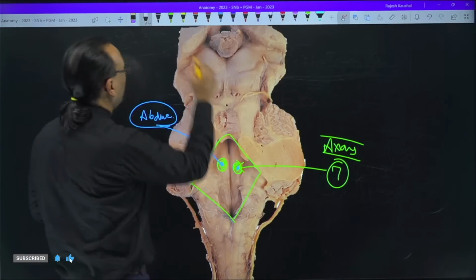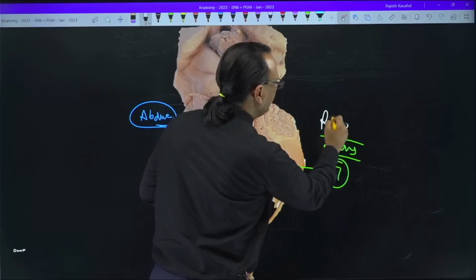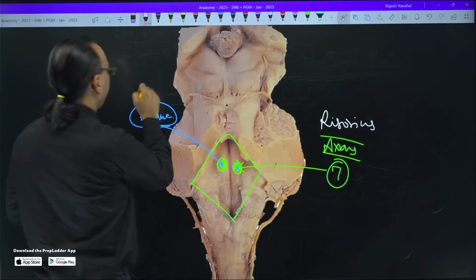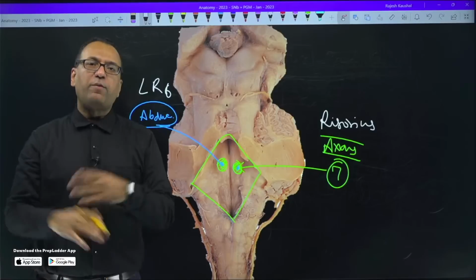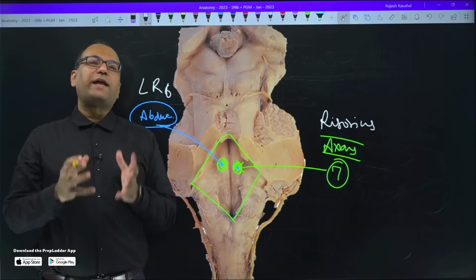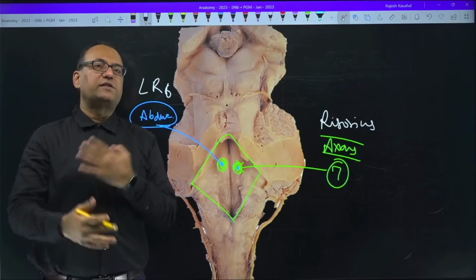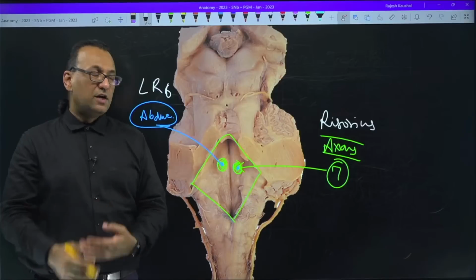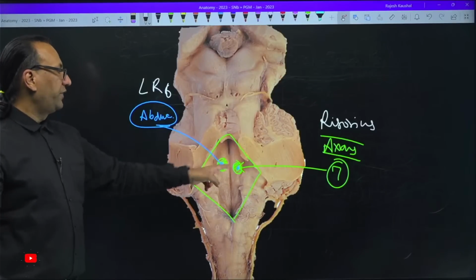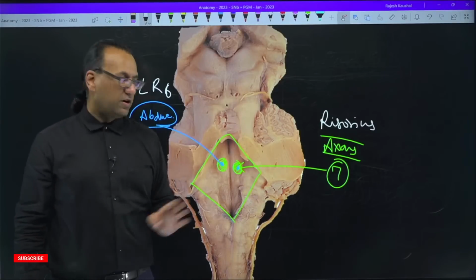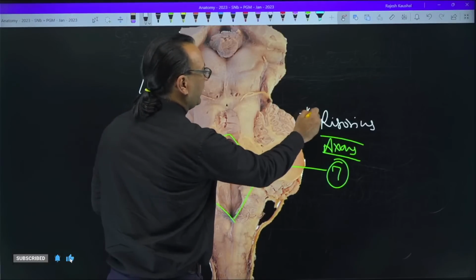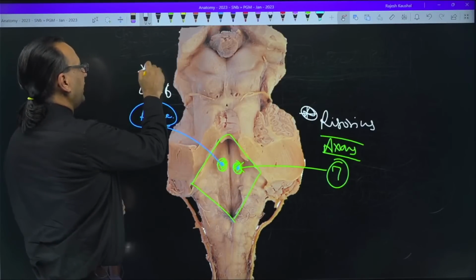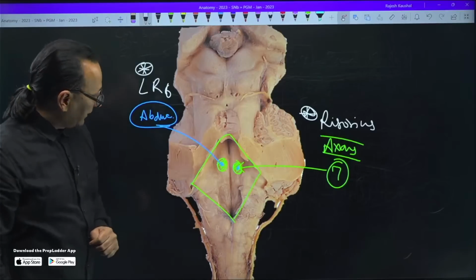And the options are risorius will be paralyzed, or the lateral rectus, which is supplied by the abducens nucleus, is paralyzed. You say both. But you cannot have both answers. Which is your first answer, the most appropriate answer? Question is, when there is an injury of facial colliculus, which nerve is involved? Facial nerve. So which muscle will be? First answer. Risorius is a better answer than lateral rectus. So that kind of questions keep coming.